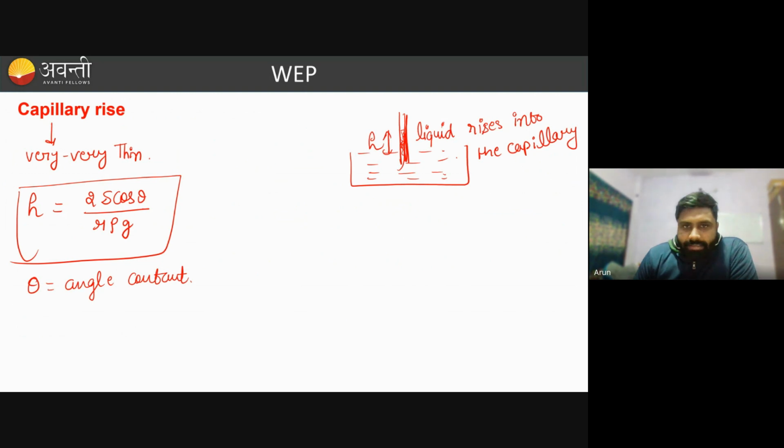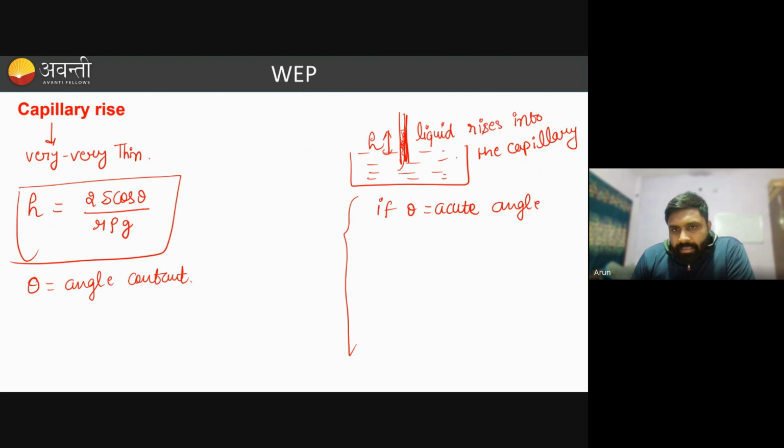If theta is an acute angle, the liquid will be like this. This is the liquid and this is the surface with which it is making an acute angle.